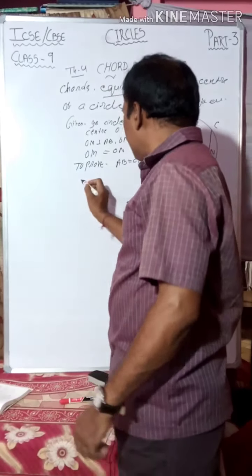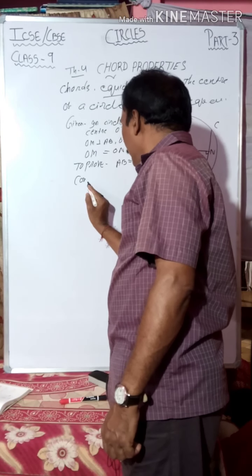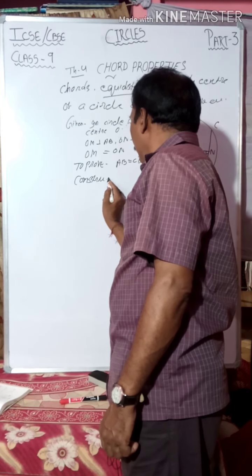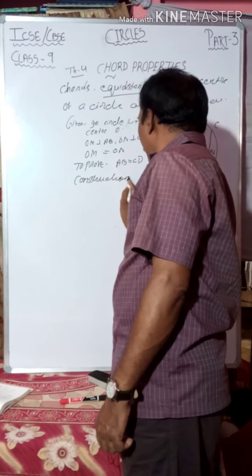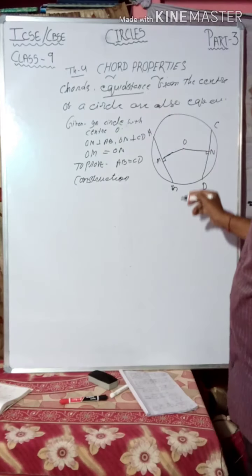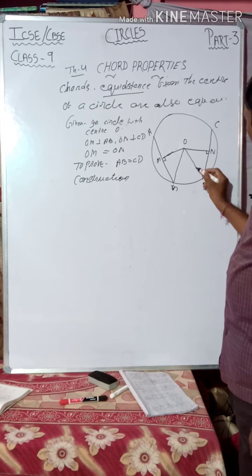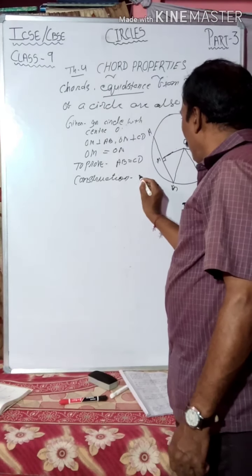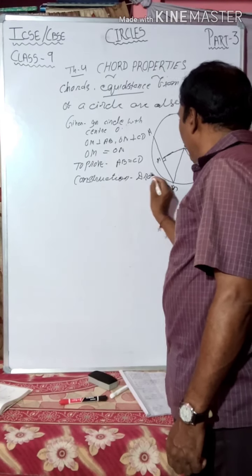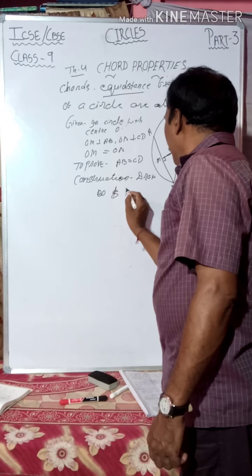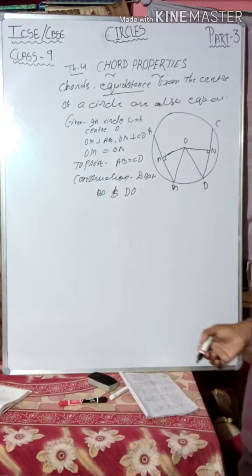Then construction, same construction: join BO and DO. This much.